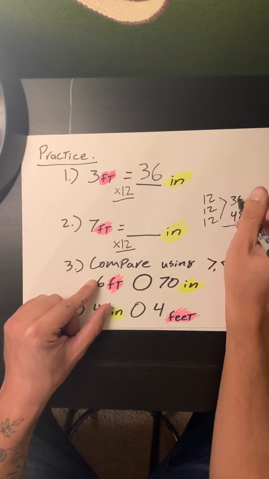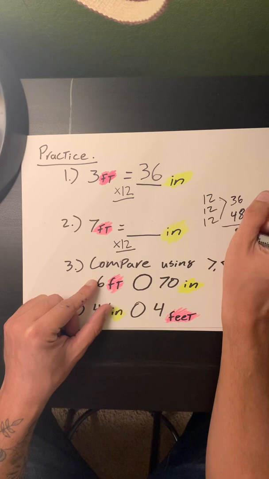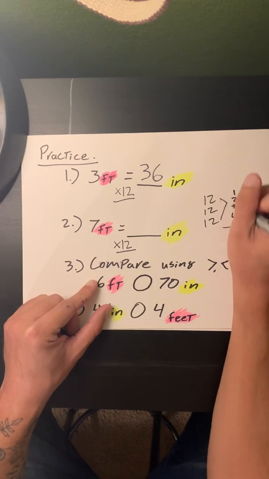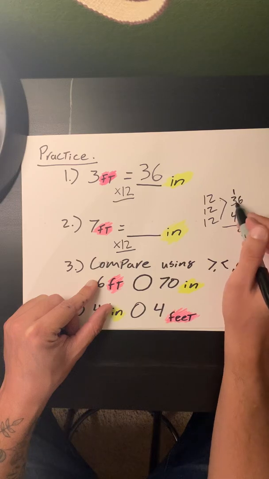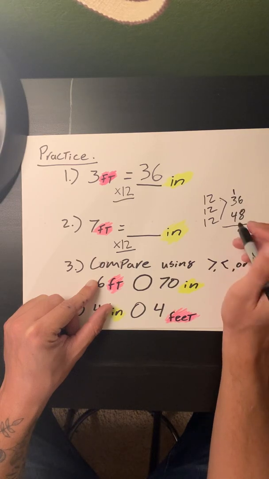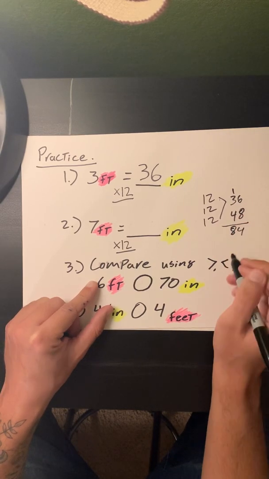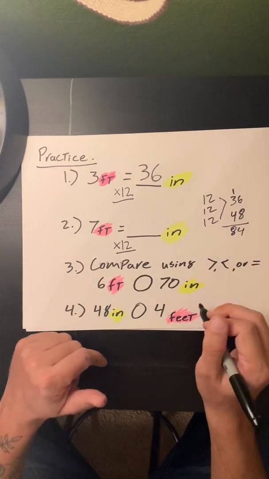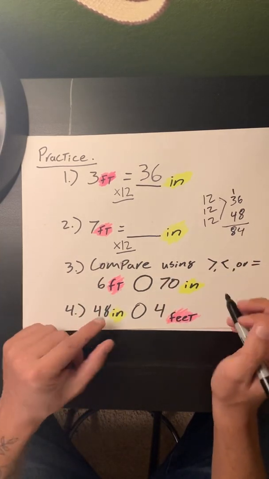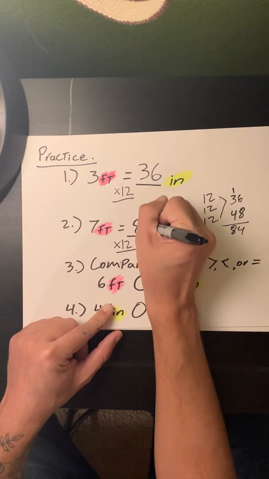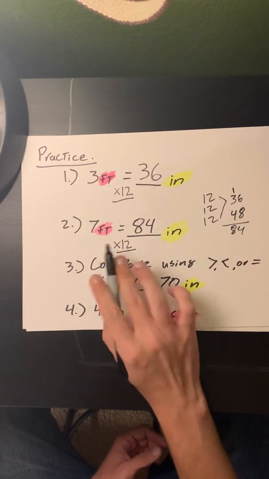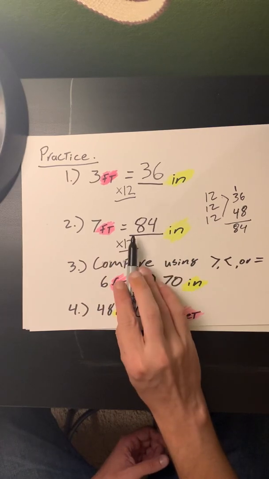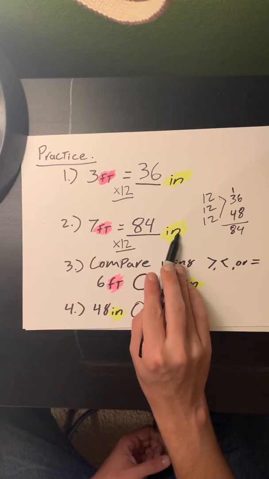If I add 36 plus 48, 6 plus 8 is 14, carry my 10 into my tens place. 10 plus 3 is 13, 13 plus 4 is 17. Wait, 30 plus 40 is 70, plus the 10 is 80, giving 84. Okay, so just a shorthand in case I'm a little rusty on my multiplication, I still can do these problems. 7 feet, when I convert it into inches, is equal to 84 inches.